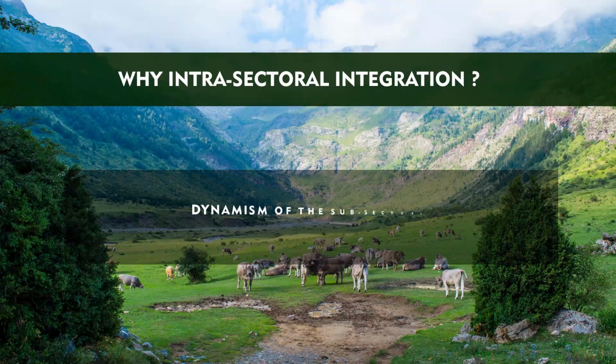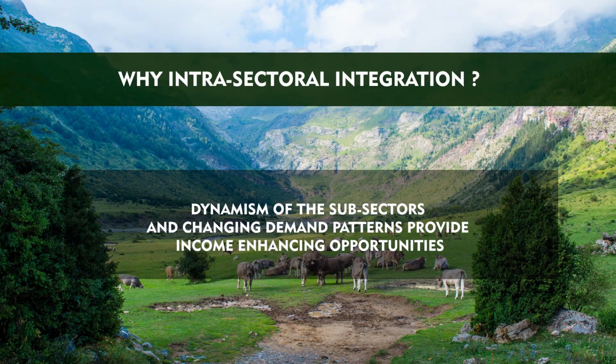So basically in India, most farmers practice a combination of enterprises, and the dynamism of subsectors and changing demand patterns provide income-enhancing opportunities. Actually, if a farmer has some animals along with the agricultural crop, they have more opportunity to get income by selling milk in the market. So income-enhancement opportunities increase with subsectoral integration in the agriculture sector.